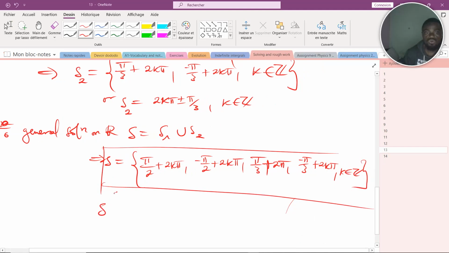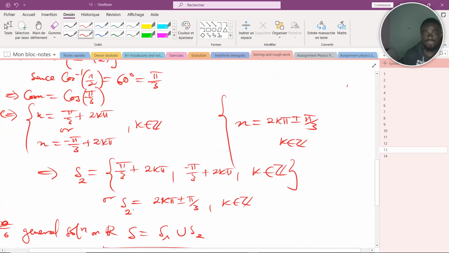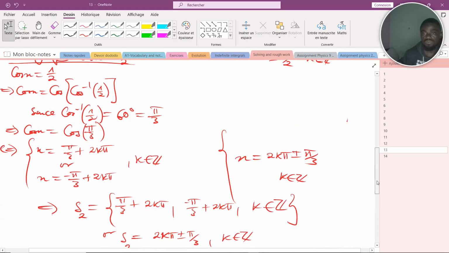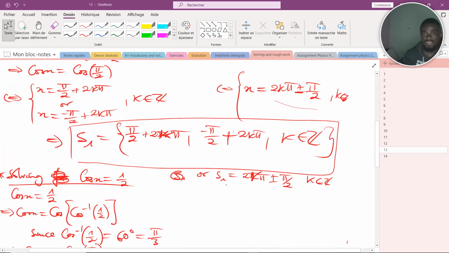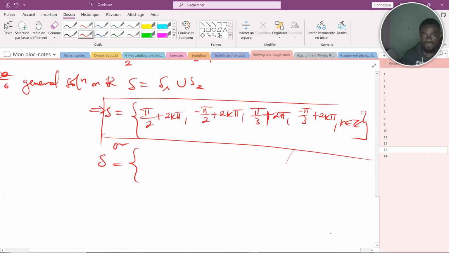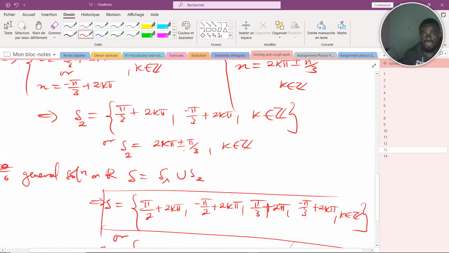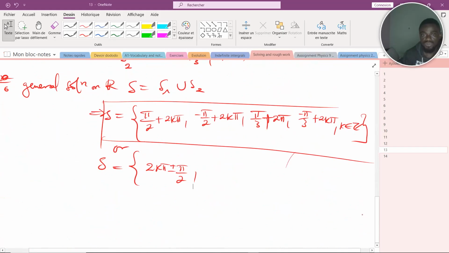Or you can decide to write the general solutions using instead these other notations. You get what I'm saying? So this S1 will be 2k pi plus or minus pi on 2, comma, and this other one, 2k pi plus or minus pi on 3.